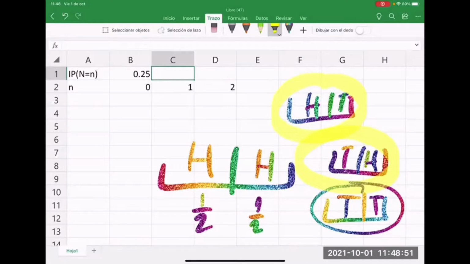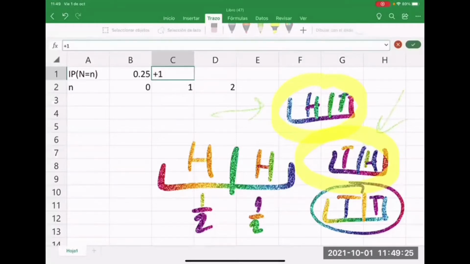Now, please tell me, what is the probability of getting exactly 1 head? We're talking about this event with 2 elementary events. So the probability of getting exactly 1 head is the probability of getting this particular outcome, and this one also. So it is 1/2 times 1/2 plus 1/2 times 1/2, that's 0.5.